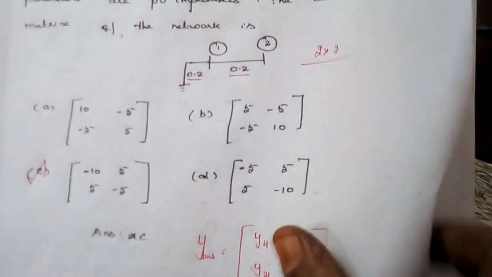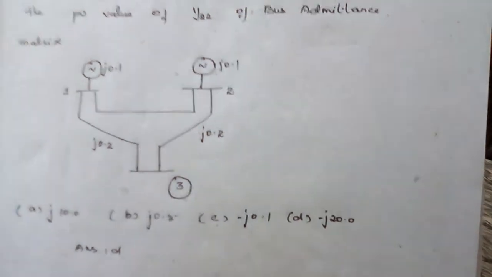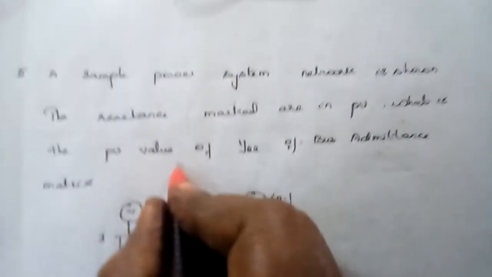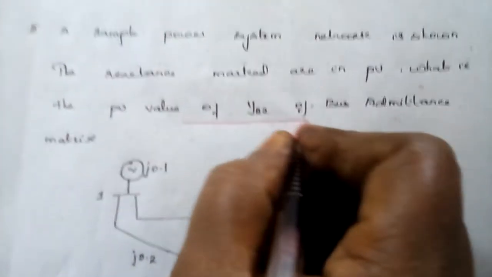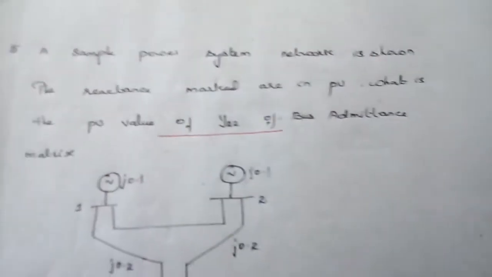Similarly for the next question. Next is for the sample system given. So this is the sample system and we need to calculate the per unit impedance of the particular element Y22.